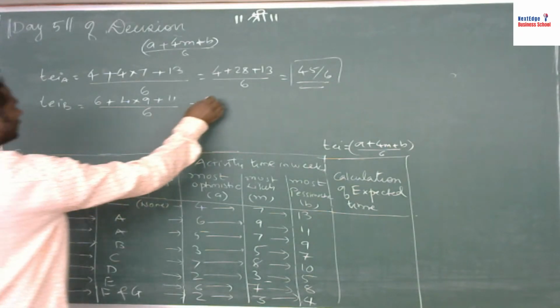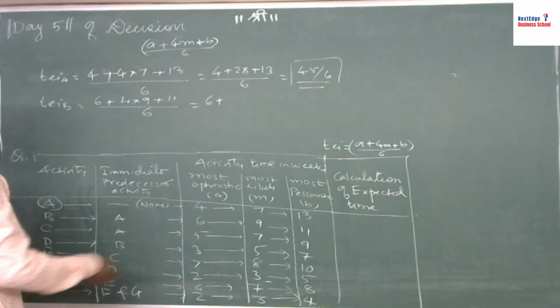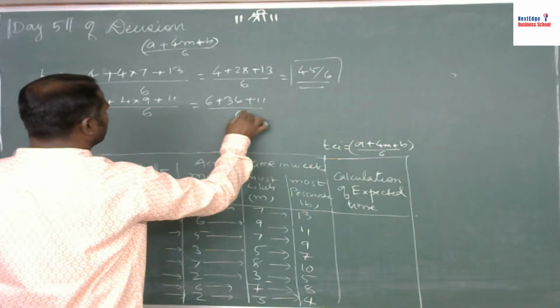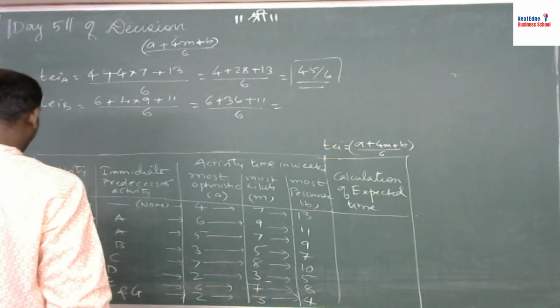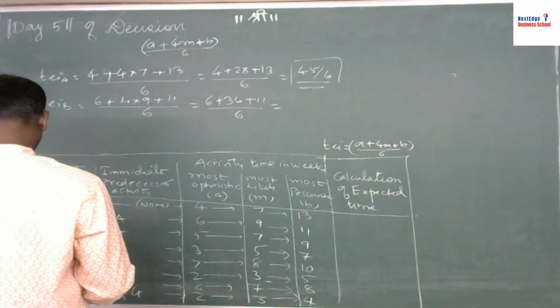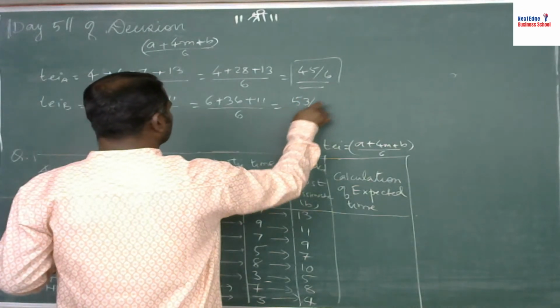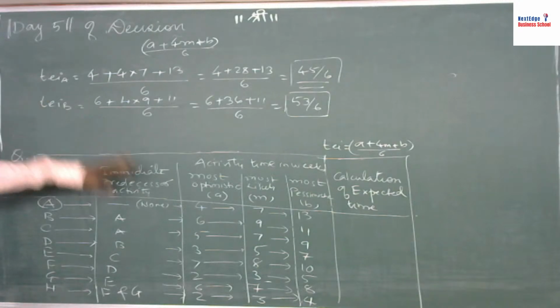So 6 plus 36 plus 11 upon 6. So this will be equal to 53 by 6, somehow, right? So likewise you have to calculate the value of TE for all these activities.